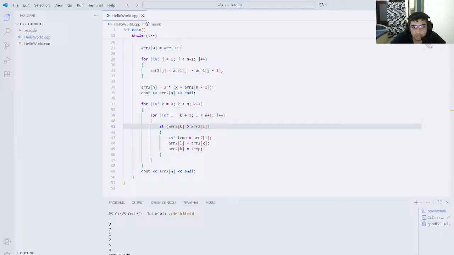It is still giving the same answer. So I think there is some issue in the inner loop.